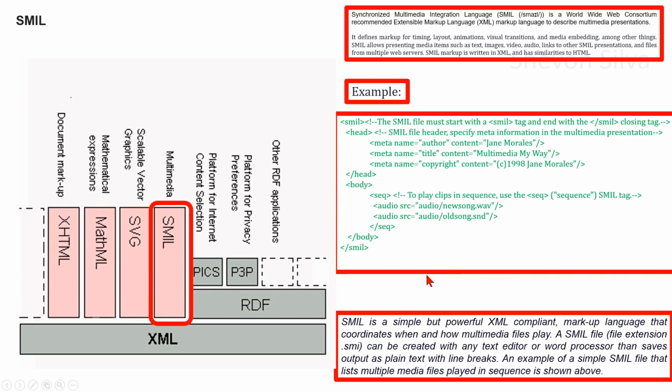An example of a simple SMIL file, this one, that lists multiple media files played in sequence is shown here.